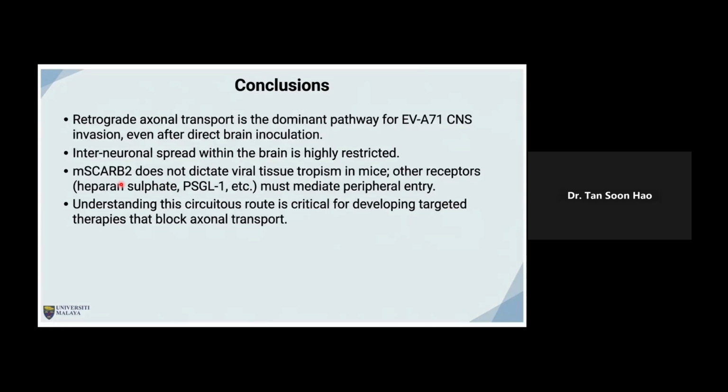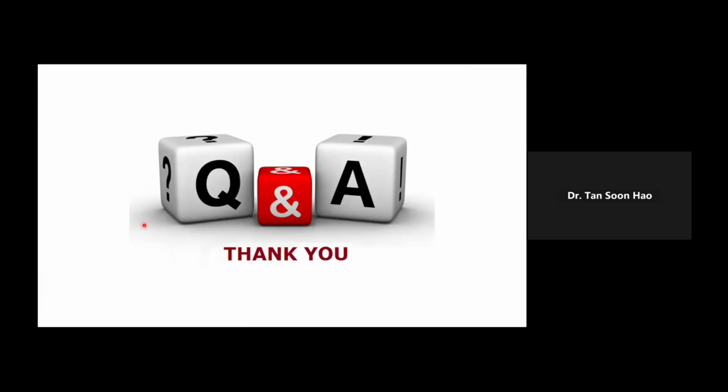Other receptors, for example heparan sulfate and PSGL1, may support the peripheral entry. Understanding this infection route is critical for developing targeted therapy that blocks the axonal transport of the virus. So that's all for my sharing. Thank you. Any questions?